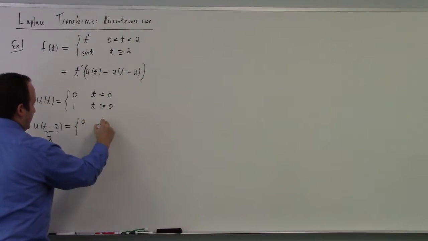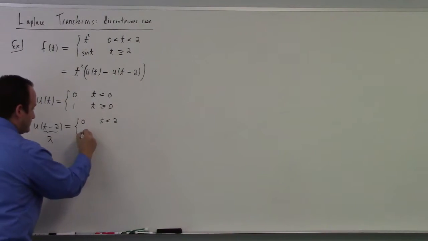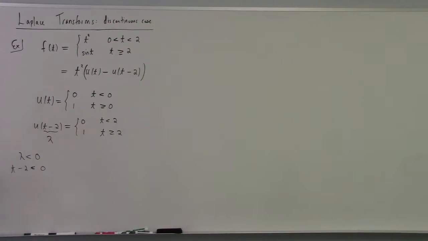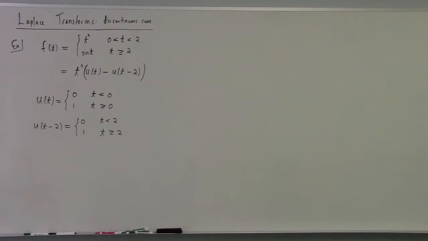So it's 0 if t is less than 2, and it's 1 if t is greater than or equal to 2. And of course, there's nothing especially special about 2 here. I could just as well put an a there and have u of t minus a. It'd be 0 all the way up to time a, and then it'd be 1 past time a.